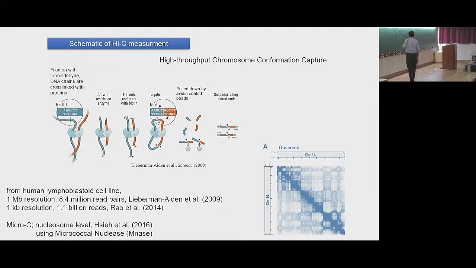And many computational efforts were made to generate 3D chromosome conformations starting from this Hi-C data. But probably chromosomes in individual cells largely fluctuate. So this information does not determine a single structure.